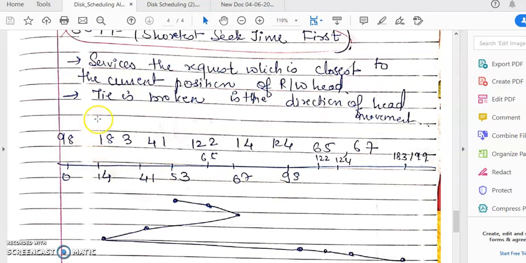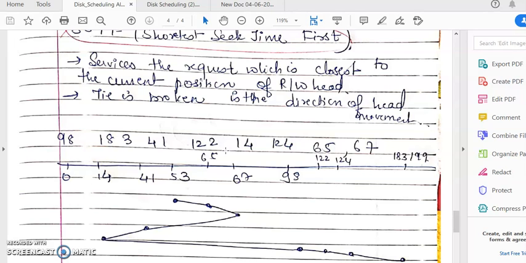Tie is broken in the direction of head movement. Now what does it mean? If I'm at the current position 53 and I have a request to 54 as well as a request to 52, 54 is one greater than 53, and 52 is one less than 53.